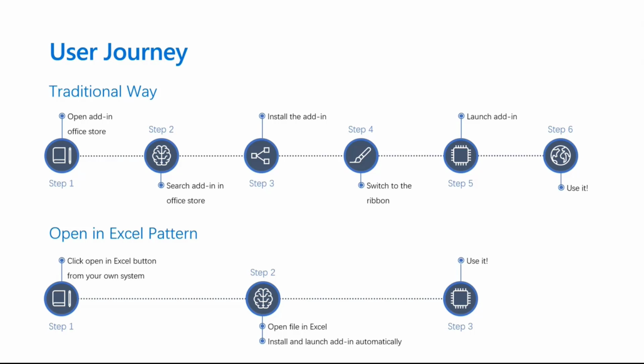The user clicks one button like Open Excel, or exports the data from the system to Excel. Boom, they can download the Excel file, or they can simply open Excel Online. And then the add-in can be installed and launched automatically at the same time. The user can use it simply.